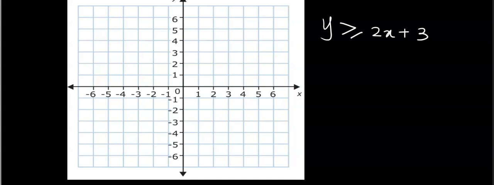Same as when you're graphing your linear equation. First point, y-intercept. Next point, slope. So we're going to go up 2, go over 1. And then we have our 2 points. And we're going to use a solid line.